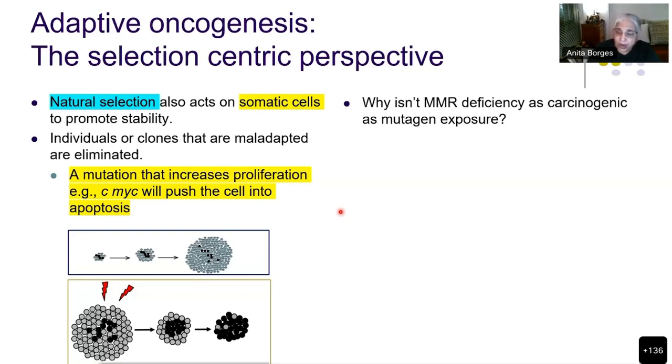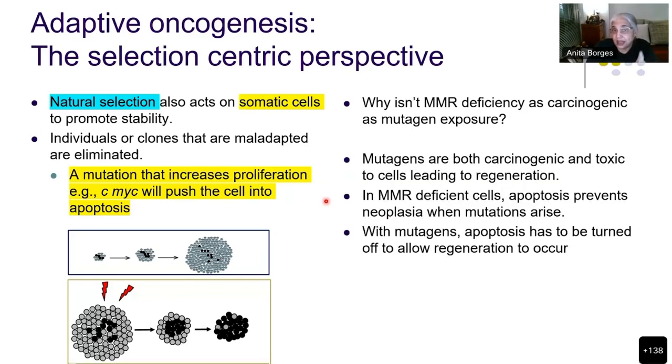So why is MMR deficiency, which you see in some of these cases, the famous multiple colon cancers without polyps, that's hereditary HNPCC, Lynch syndrome. Yes. So you get HNPCC, but you don't get as many tumors as if you had mutagen exposure. And this is true. You have mutagen exposure and you get many tumors, and you get them quickly. And the answer lies here. Mutagens are both carcinogenic and also toxic to cells.